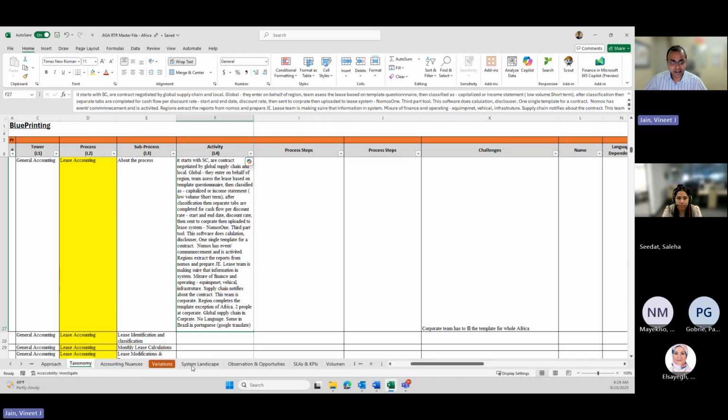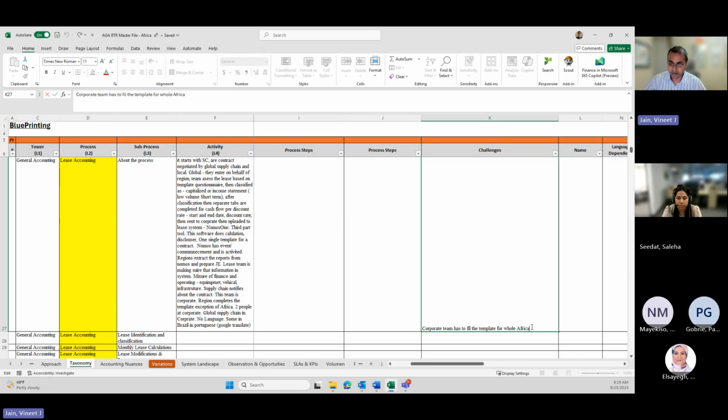In terms of any challenges, high level, three or four challenges you're facing. One is you mentioned already that you have to fill the templates at the corporate. Any other challenges, some manual calculations or any software issues, it is not responding well? With regards to the software, we do sometimes have challenges, but the support team at Nomos is normally very quick to assist with that.